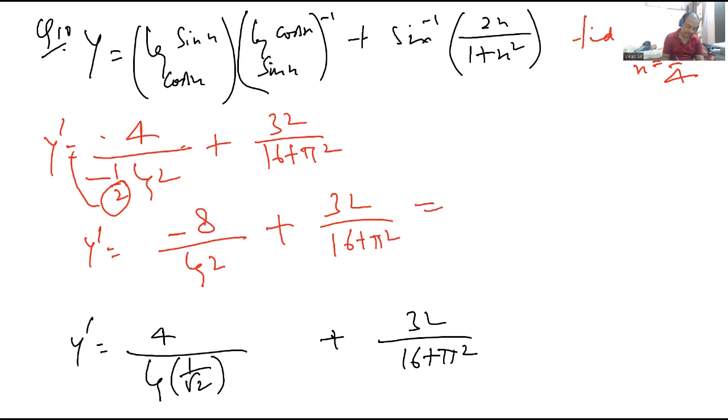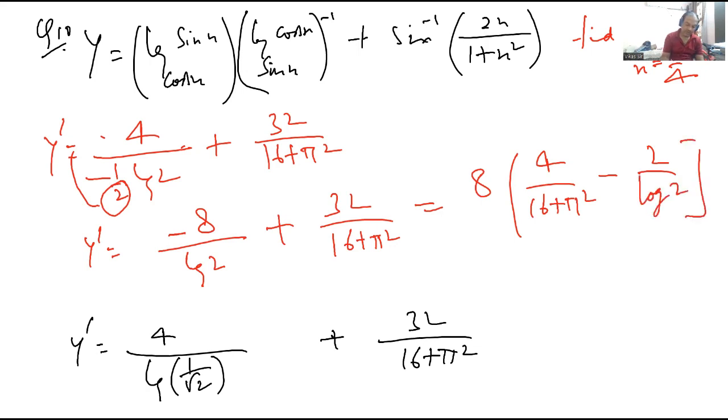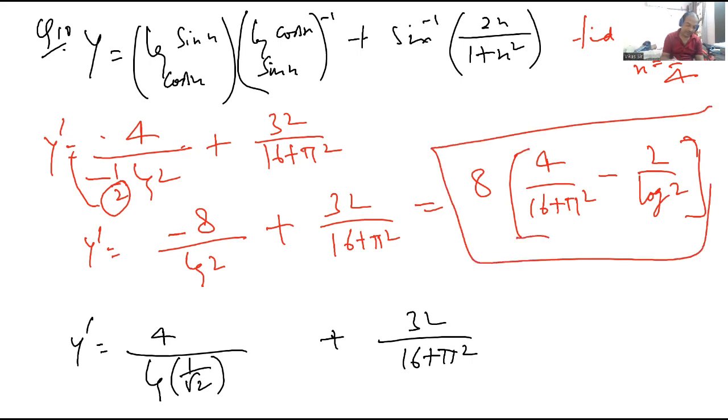I can take 8 common, then I will write it as 8 times 4 over 16 plus pi square minus 1 over log 2. This is the required answer of this particular question when differentiated at x equal to pi by 4.